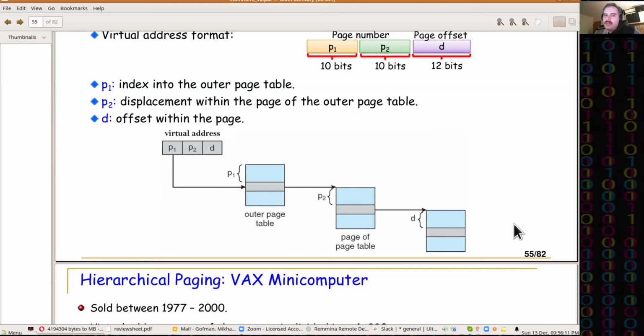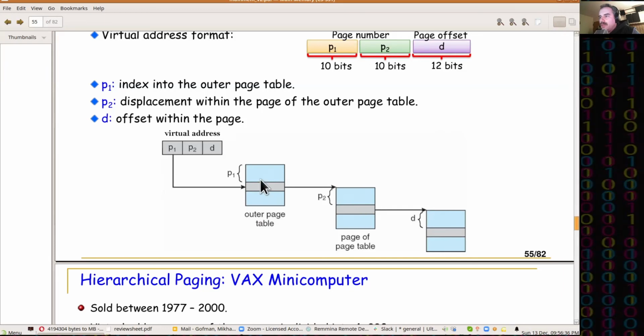Well, the issue is that page tables themselves are stored in memory. So every memory access becomes two memory accesses, because whenever a process issues an address, we first must look it up in the page table and then take the physical address from the page table and use it to access the actual physical memory.